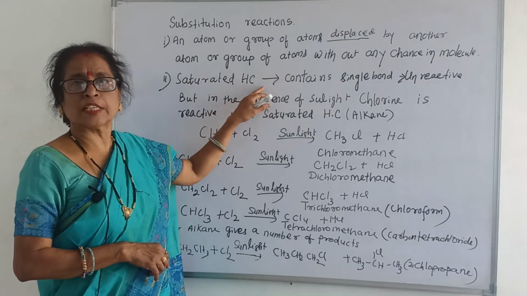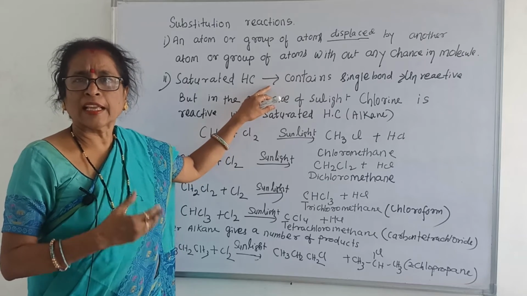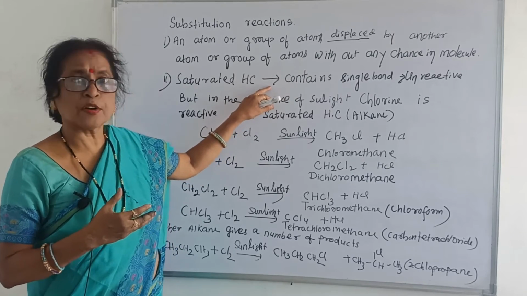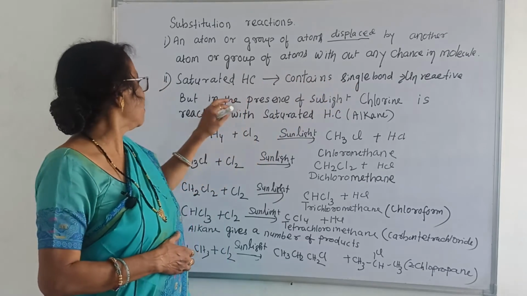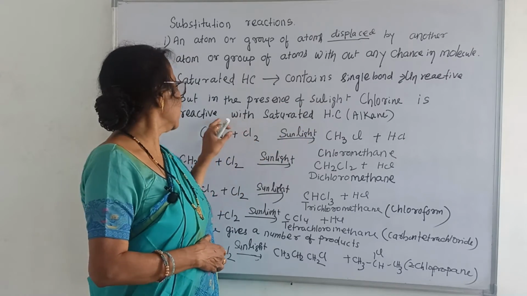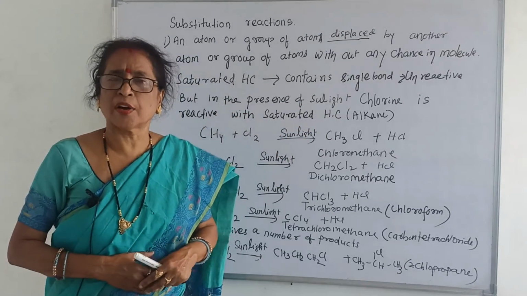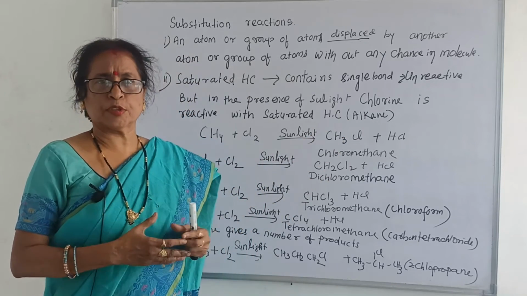Saturated hydrocarbons are naturally very inactive because they contain only single bonds, and they are called saturated hydrocarbons, being non-reactive. But in the presence of sunlight, chlorine reacts with saturated hydrocarbon, especially alkane. What do you mean by substitution reaction?